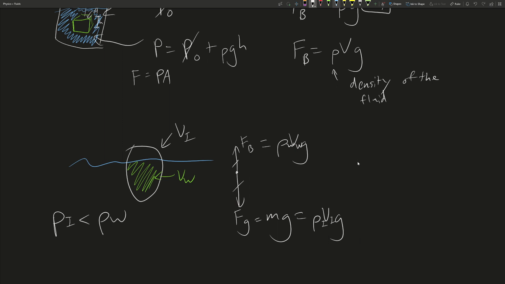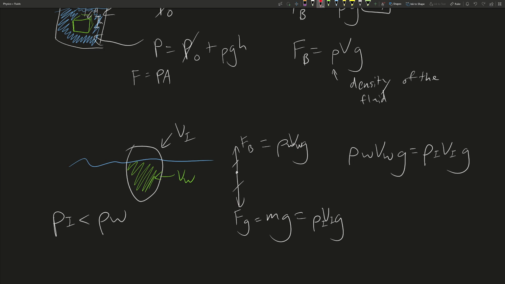So we have here density of water times volume of water displaced times gravitational field strength is equal to density of the iceberg times the volume of the iceberg times gravitational field strength.